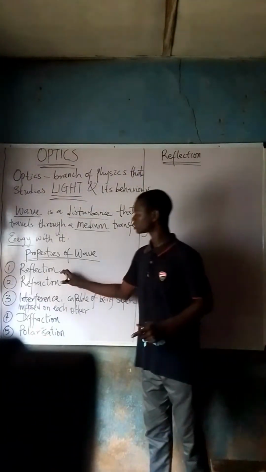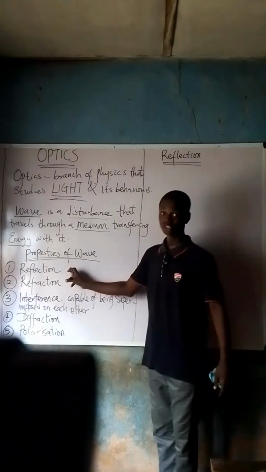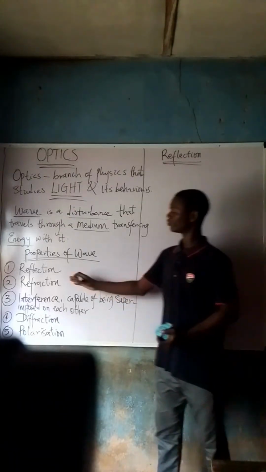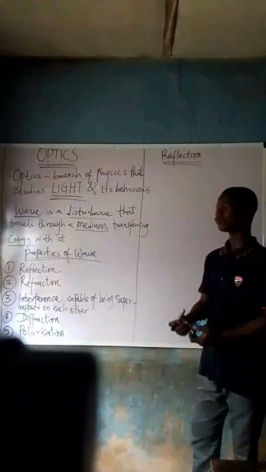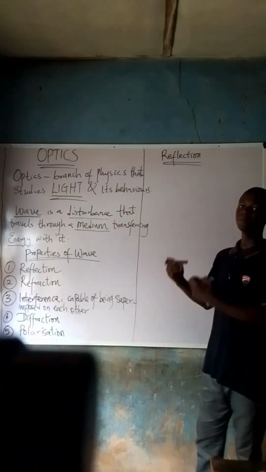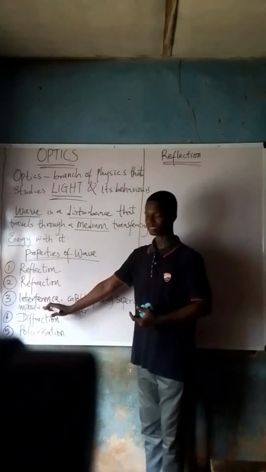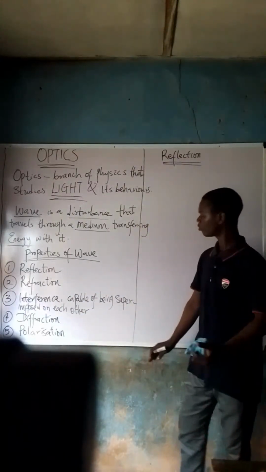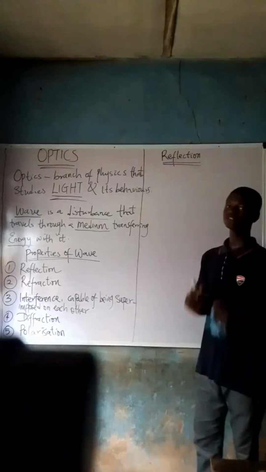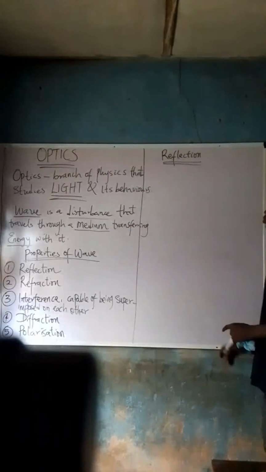A wave must be capable of being reflected, which we call reflection. Two, a wave must be capable of being refracted, which we call refraction. It must be capable of interfering with another wave, or being superimposed on each other, which we call interference. Next, a wave must be capable of being diffracted, which we call diffraction. And lastly, a wave must be capable of being polarized. So these are the characteristics of a wave we'll be talking about.